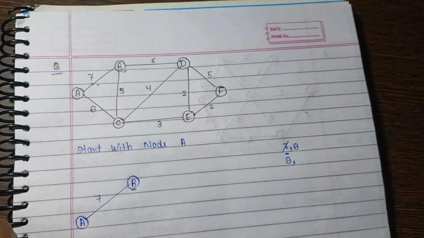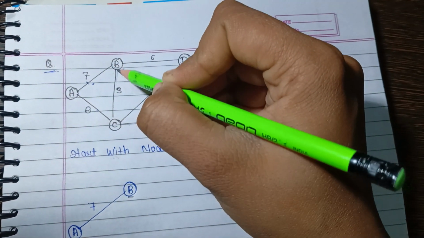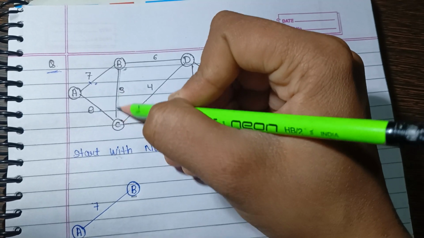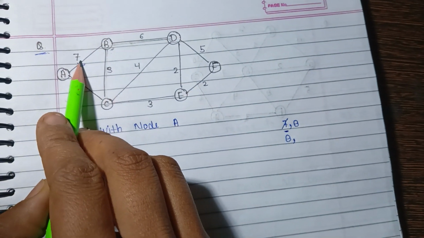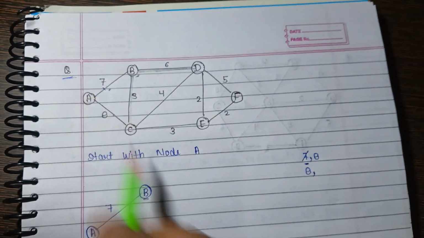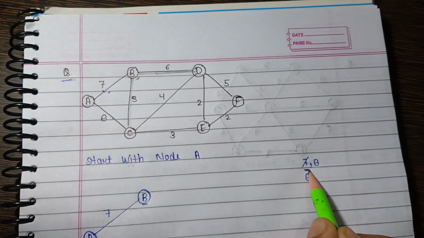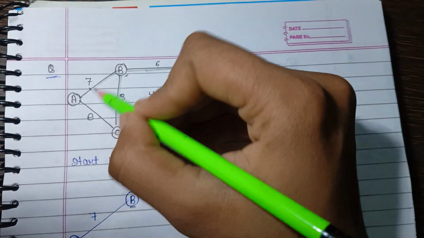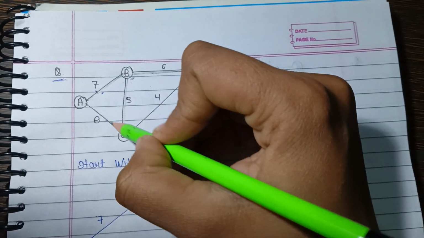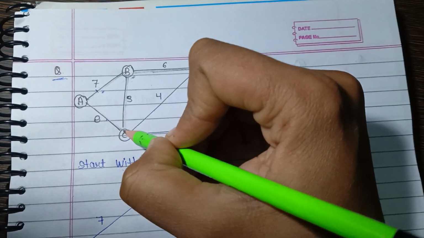What are the connected edges? One is 3, one is 6, and we already used this edge, so we are not going to include this edge again. This is already included, this is also already included.